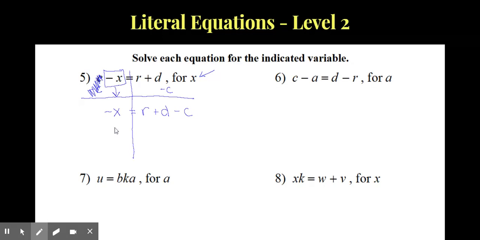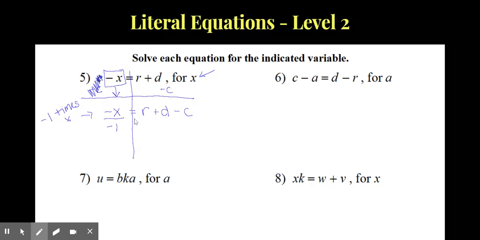Okay, we're almost done. The only problem is we have this pesky little negative in front of the x. Remember, this means -1 times x. So I need to undo that multiplication. To undo that times -1, I'm going to divide by -1.